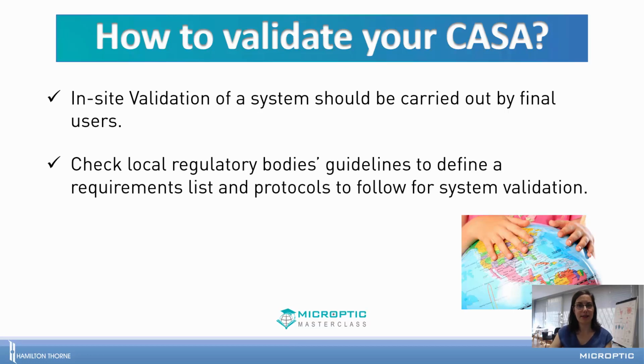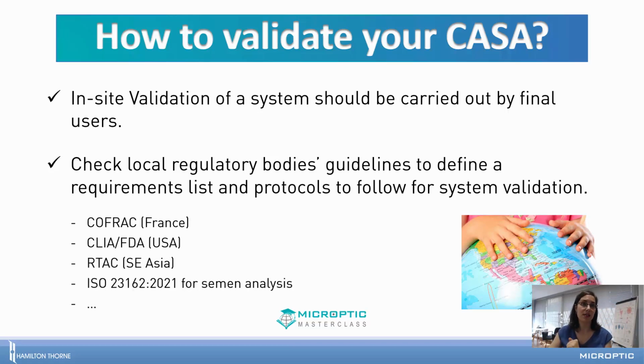So, the first thing that the user should do is check if there are any local regulatory guidelines that specify a list of requirements to accomplish for doing the validation. For instance, in France, it's very frequent to follow the COFRAC guidelines, in which there is very detailed information about how to validate the analysis of semen samples in a laboratory.